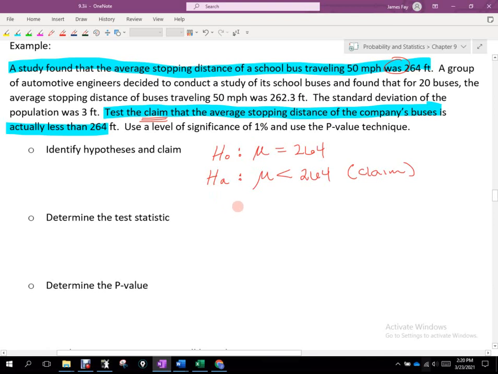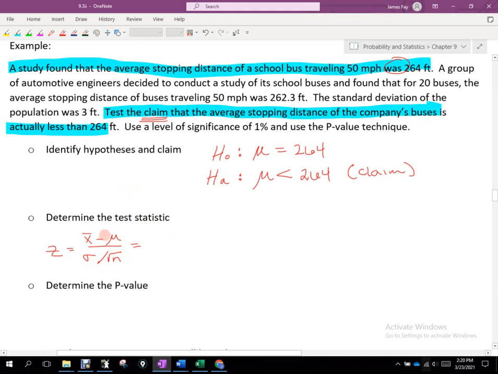So when it says determine the test statistic, that is saying in your data, standardize your data using this idea, because of the structure of the scenario. We know it's a population that is normally distributed. We know we're doing sample means, and we know the population standard deviation. So this formula allows us to standardize that.